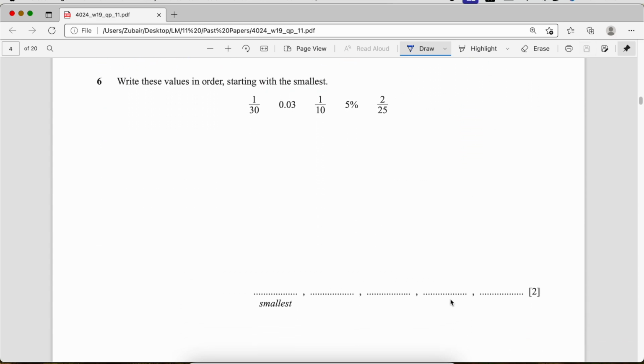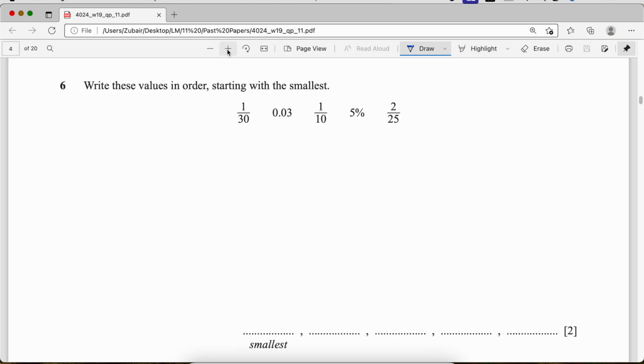Question number 6 is write these values in order starting with the smallest. Again, it depends on your practice whether you understand fractions more or decimals more. If I keep this as a fraction for now, that's 3 over 100, that's 1 by 10 already, but I'm writing it as 3 by 30, multiplying and dividing just for a better comparison with this 30 and 3.